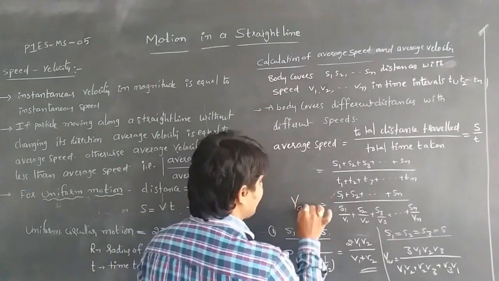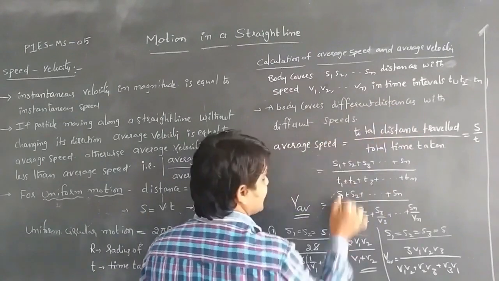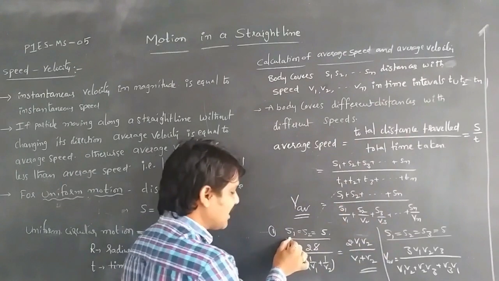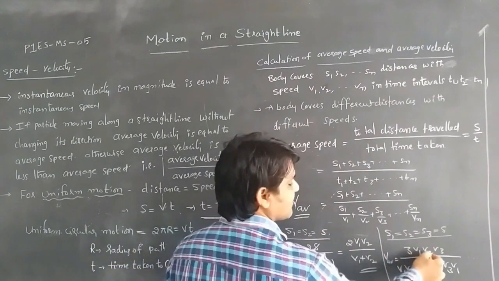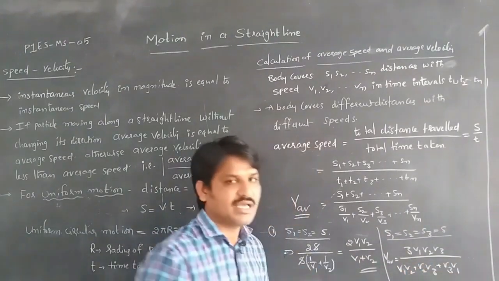This is the average speed whenever the distances are equal with different speeds, and this is the equation for three distances taken.